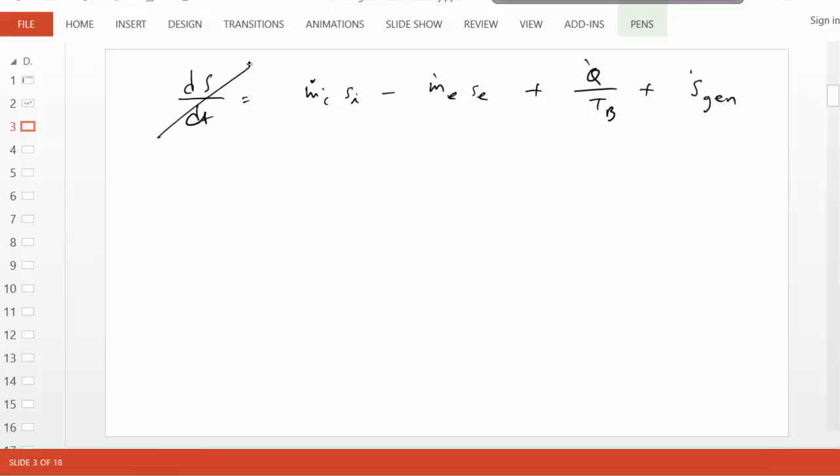If it is steady state, again, the equation becomes m dot s i, the entropy that is flowing in with the flow, plus the entropy that enters with heat, plus there's another term, entropy can also be generated inside the system, and that must equal the entropy that comes out of the system. This is m dot, the same as m dot e and i, m dot s e.